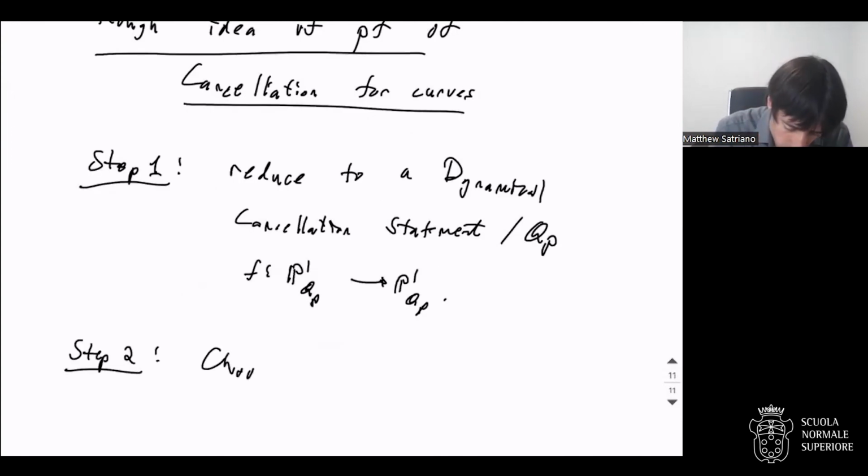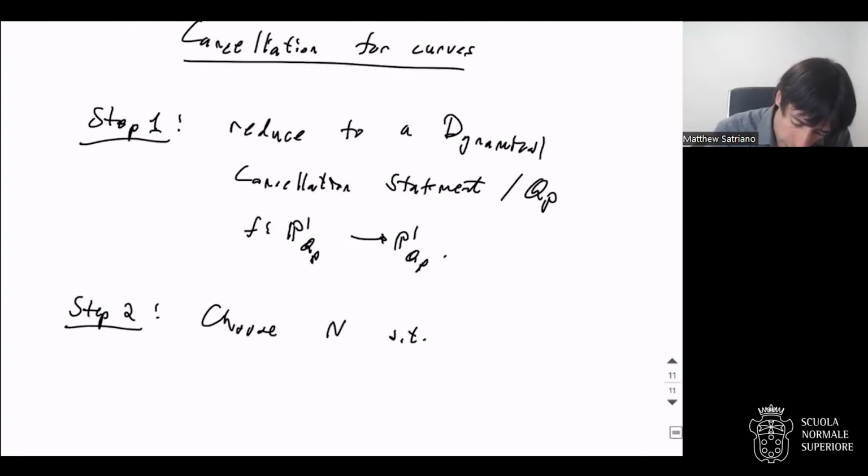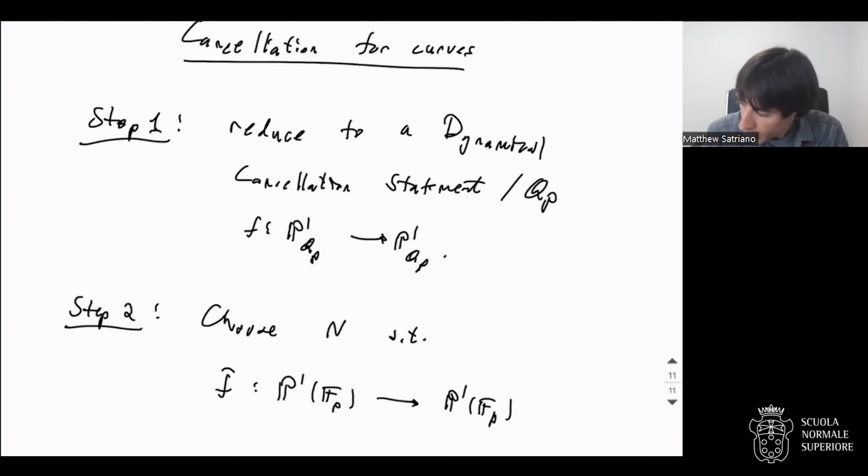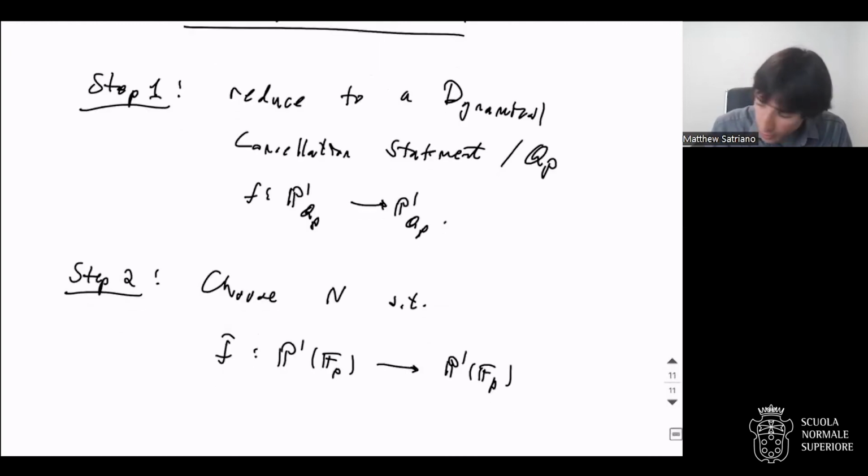And so then step 2 is you choose an iterate such that, well, you can look at F bar, which is a map. And I actually just want to look at the F_p points, not the map. And you choose n such that F^n bar to the n is the same thing as F^n bar to the n squared.